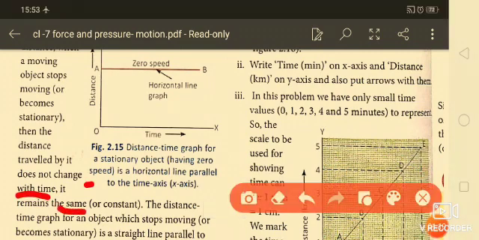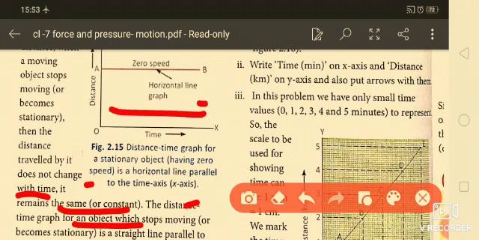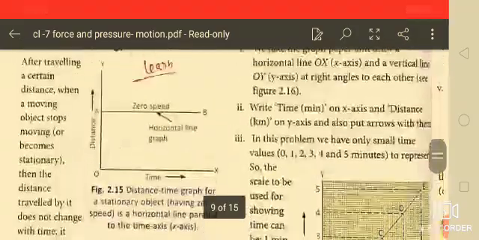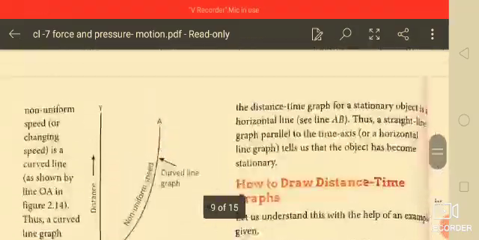Students, it remains the same or constant. That means the distance time graph for an object which is stationary is a straight line parallel to the time axis. Here the speed is 0, that means it is stationary.